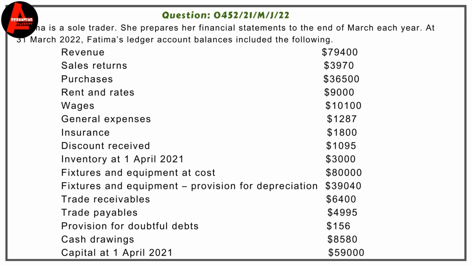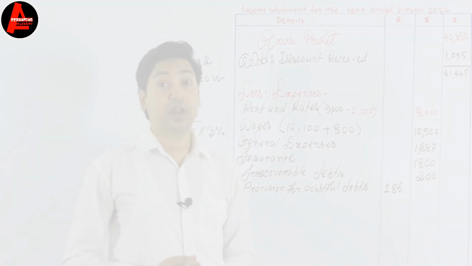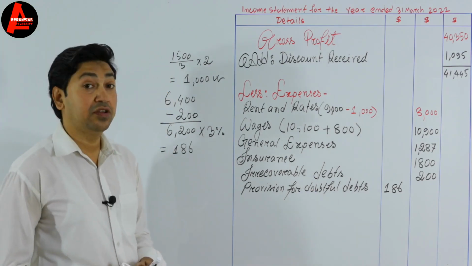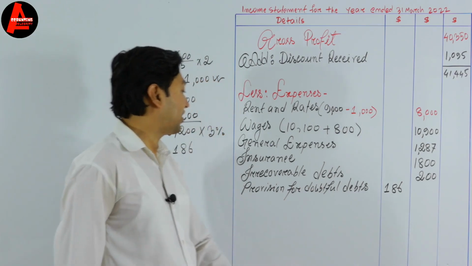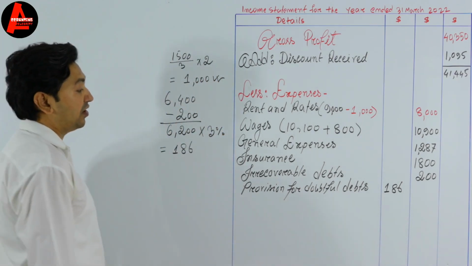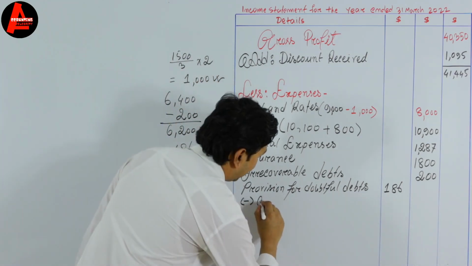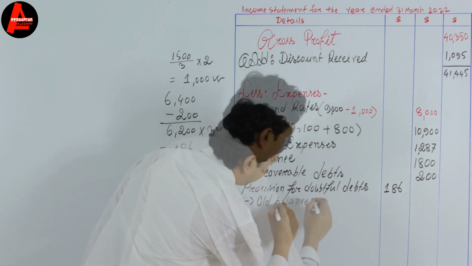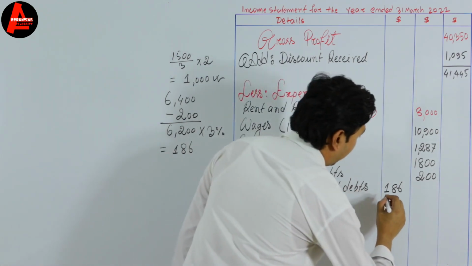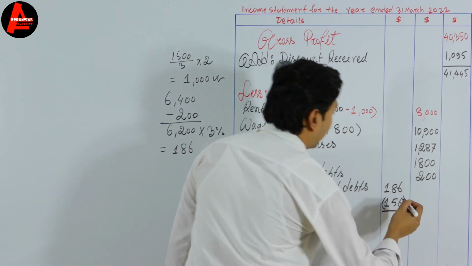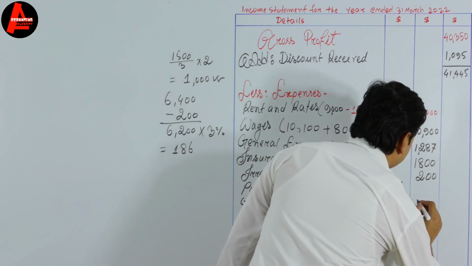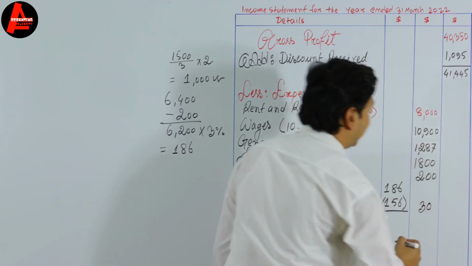This is the ledger account balance. So this $156 we need to subtract from 186. We will write here less old balance, 156. We subtract this amount and we write here $30.